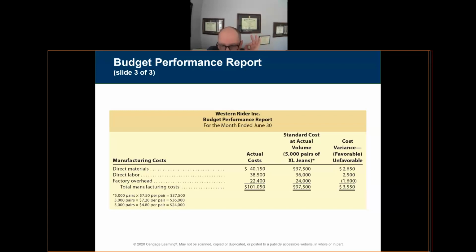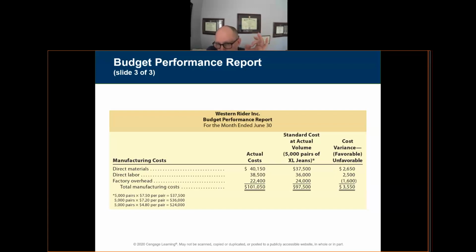Then at the end of the accounting period, you take your actual cost minus your standard cost equals your cost variance. Remember, if the actual is greater than the standard cost, it is called unfavorable.